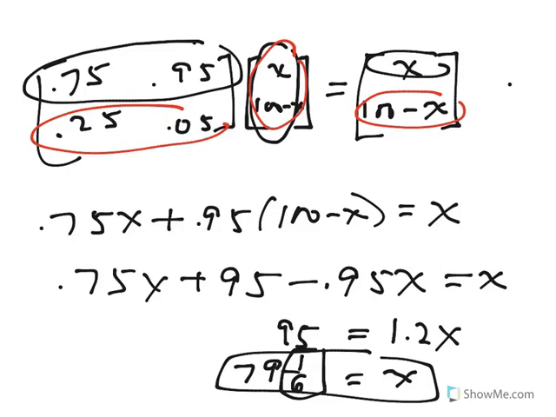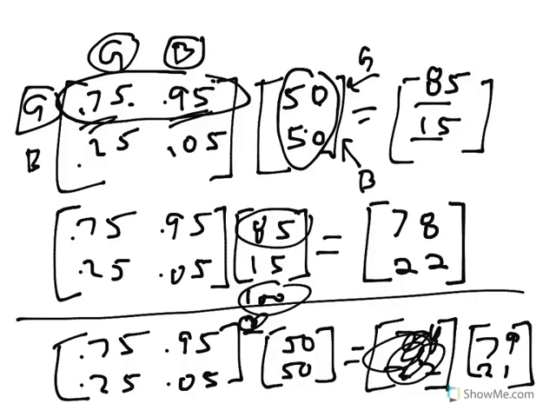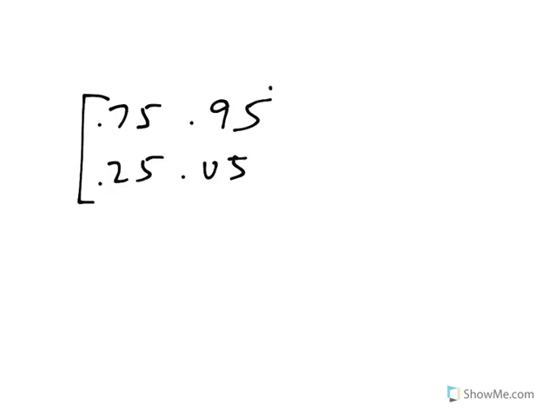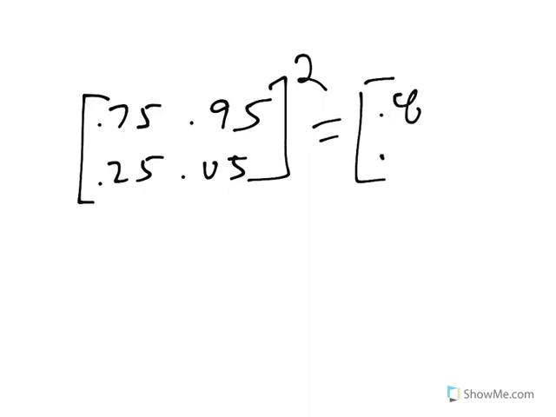Now before I go to another scenario, I want to show you that in what we've just done, we had a starting condition, an initial state, like it starts off as 50 and 50. But even without those numbers, if you take this so-called transition matrix, 0.75, 0.25, 0.95, 0.05, and take that just as it is and square it, it becomes this matrix.